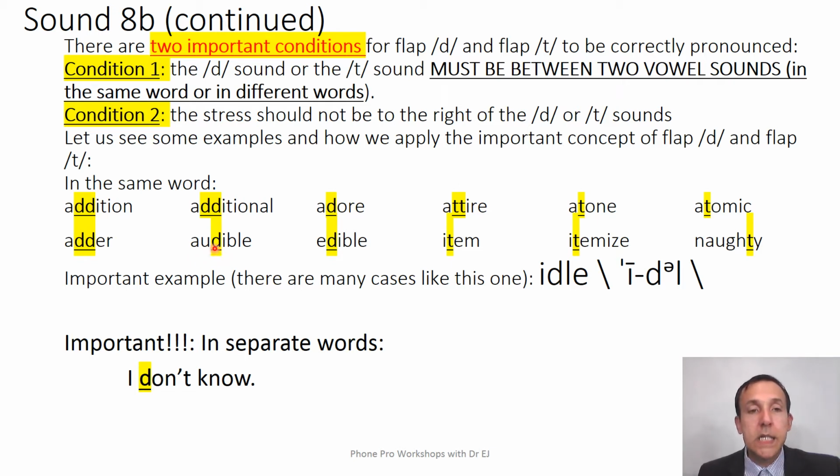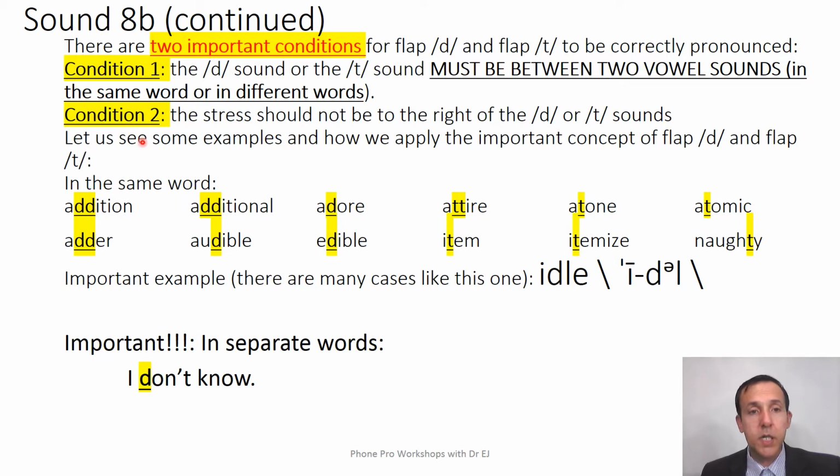So the D sound is between two vowels. Now, is condition number 2 met? Yes, because the stress of the word is here on this syllable, audible. You don't say audible with the stress on the right. No, you say audible.